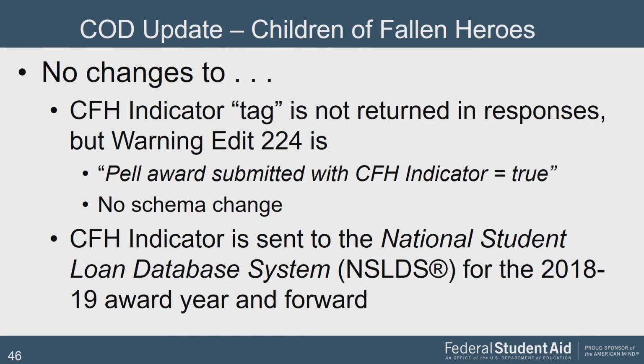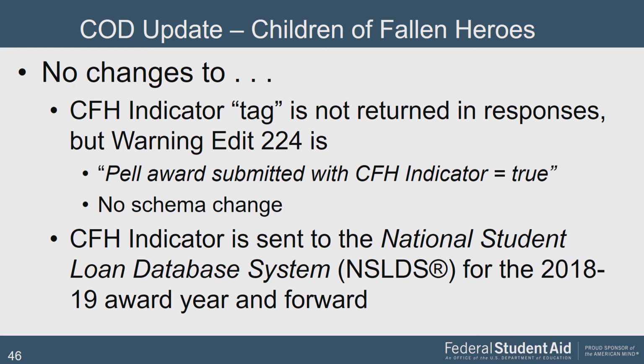Okay, I'm going to go over the things that have not changed, from the short-term solution to the long-term solutions. COD will still not return any CFH indicator tag in responses. We did not do a schema change for this. You will never see this in a response.